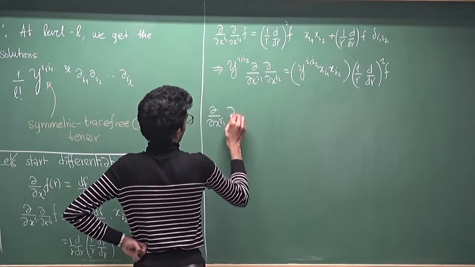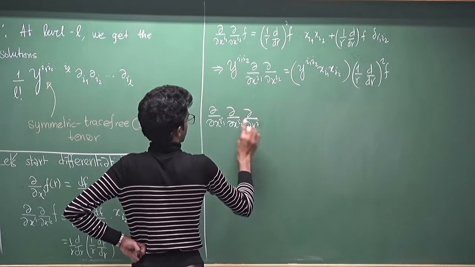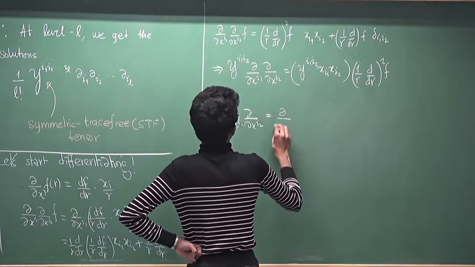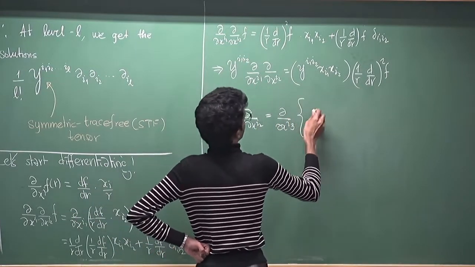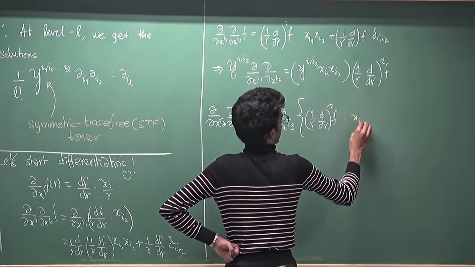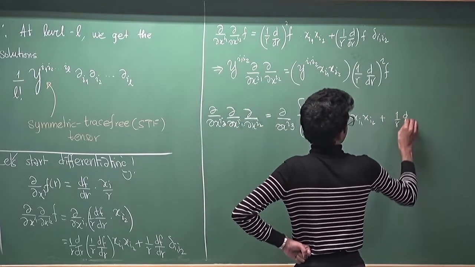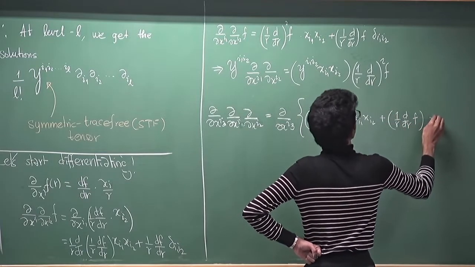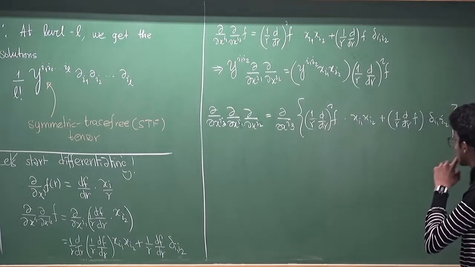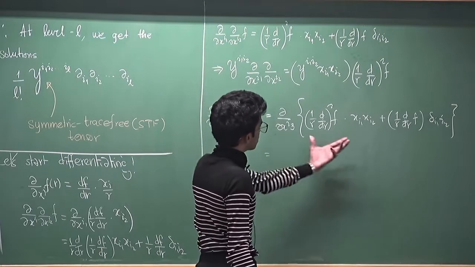Say I1 I2 I3. Let me put it this way. I3 I1 I2, because I1 I2 we already know. This is just del x I3 acting on 1 over r d/dr squared acting on F times xi1 xi2, plus 1 over r d/dr acting on F delta I1 I2. Let's hit it on this first term.